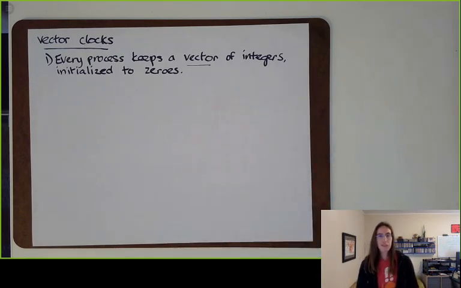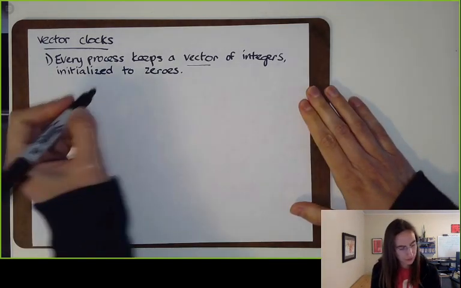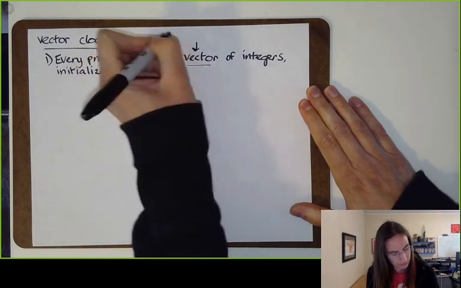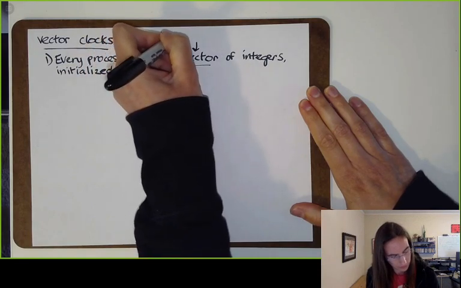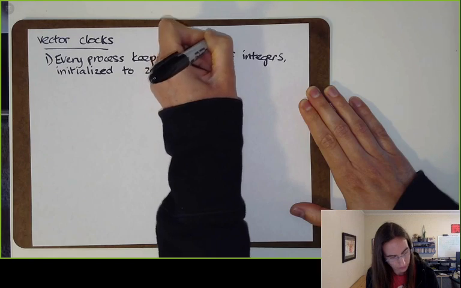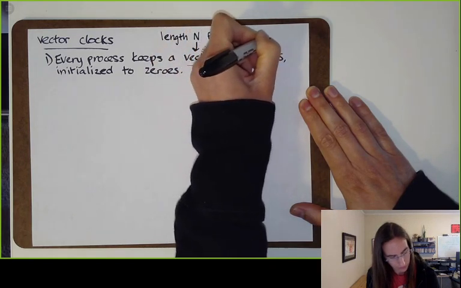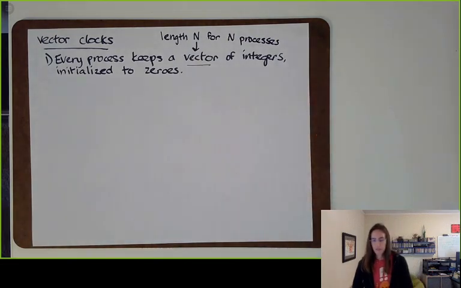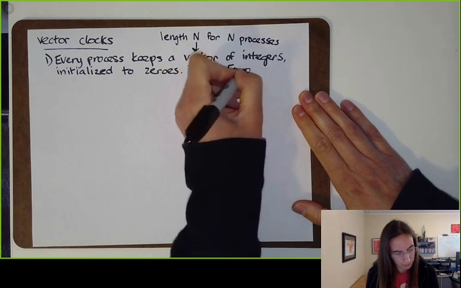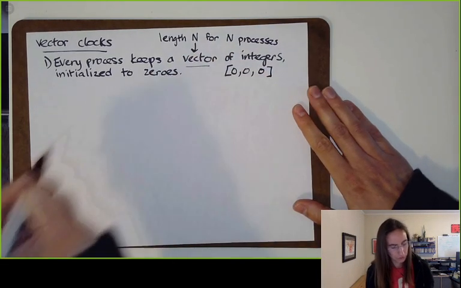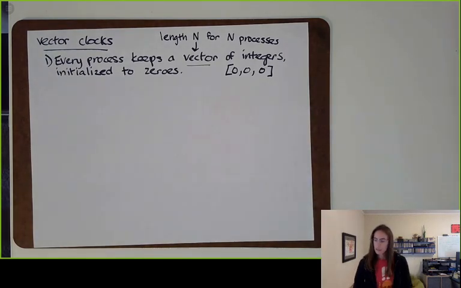The suggestion was as many entries as we have processes. That's exactly right. So there's going to be one entry in this vector for every process. So if you had 3 processes, then every process's vector clock would start out like this, 0, 0, 0, initially. Okay. So just like with Lamport clocks that we just saw, we're going to use vector clocks to count events, but they're going to be more informative than Lamport clocks.